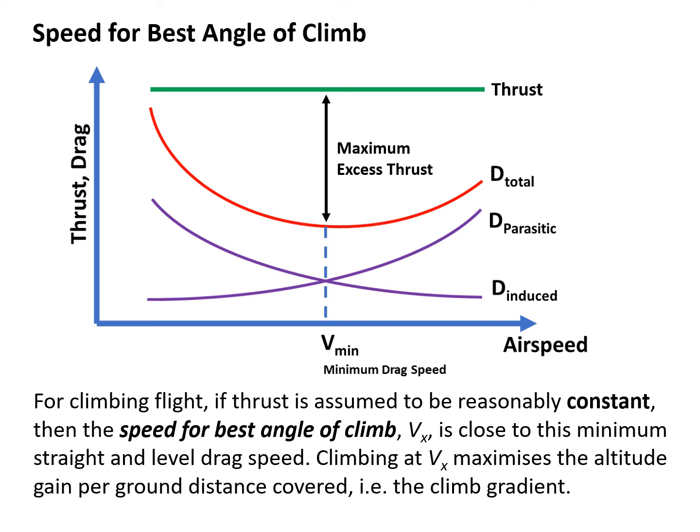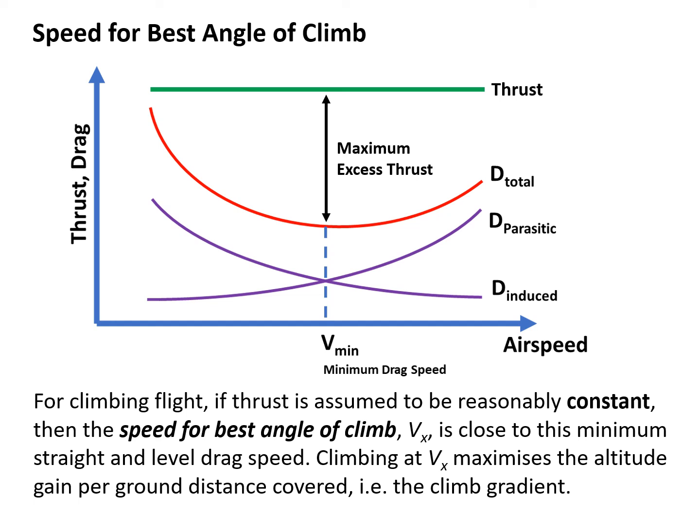And for climbing flight, if thrust is assumed to be reasonably constant, then the speed for best angle of climb, Vx, is close to its minimum straight and level drag speed. Climbing at Vx maximizes the altitude gain per ground distance covered. That's the climb gradient. So we have a very important quantity introduced, that's Vx.